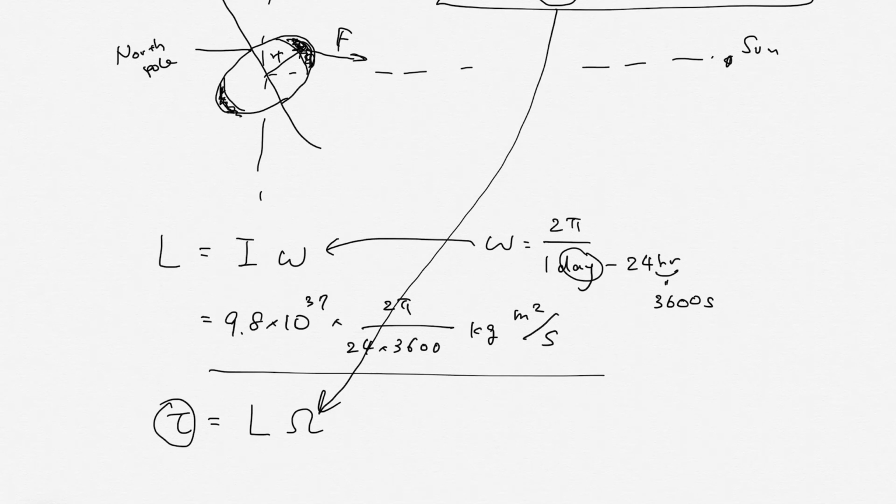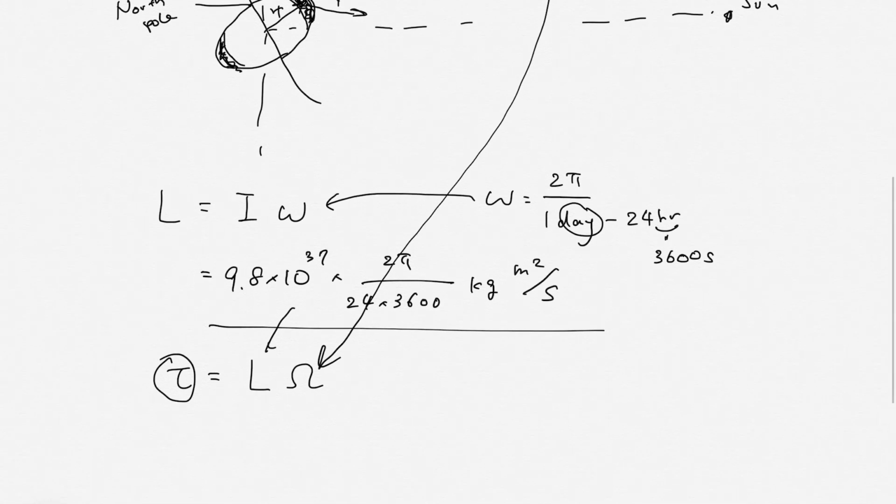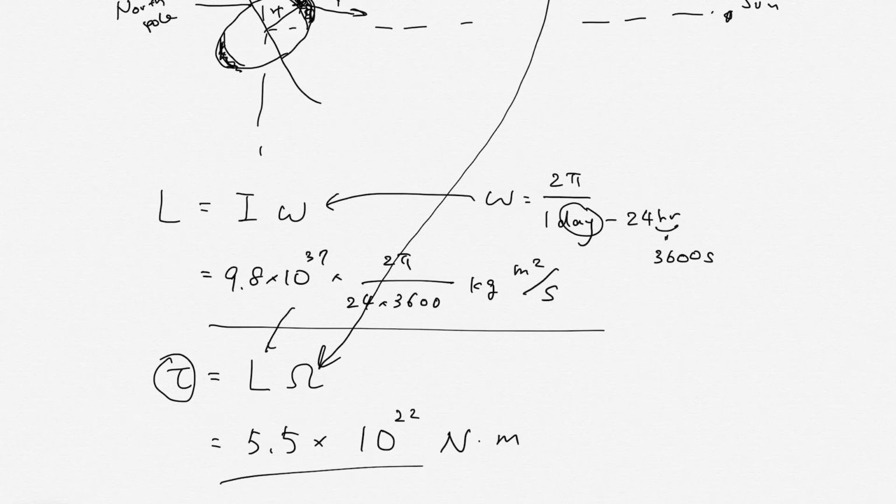Then L is this equation. Then you can find the torque acting on the Earth by the Sun. So this becomes 5.5 times 10 to the 22 newton meters. So this is the torque acting on the Earth. This is the answer to this question.